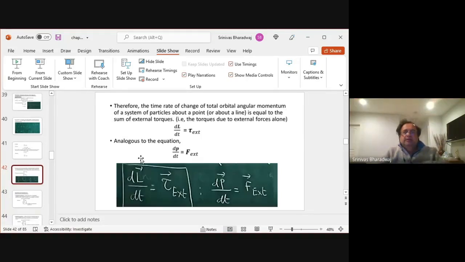So these are all the ideas that deal with angular momentum. When there is no torque, there is conservation of angular momentum, just like in the case of linear quantities. When there is no force, there is conservation of linear momentum. Similarly, when there's no torque, there is conservation of angular momentum.